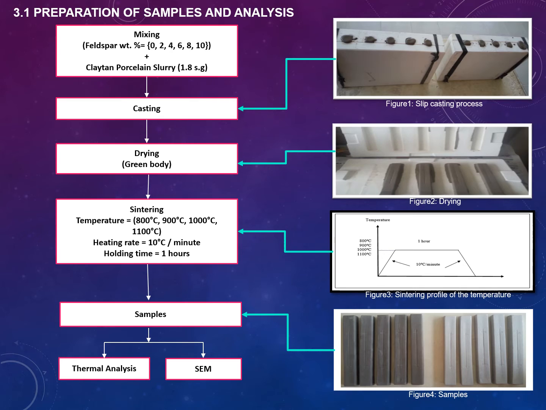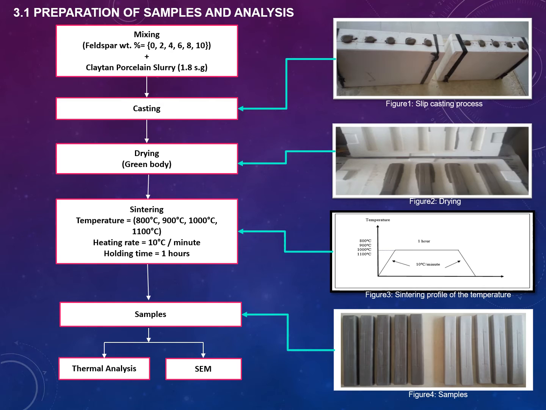The sintering process was conducted at 4 different temperatures: 800, 900, 1000, and 1100 degrees, with heating and cooling rate of 10 degrees per minute and a holding time of 1 hour. After that, figure 4 shows the sample.